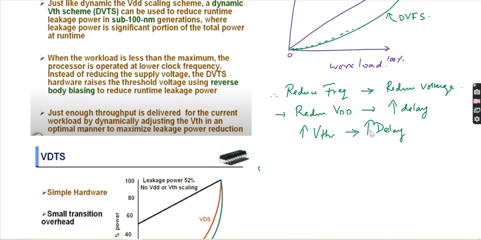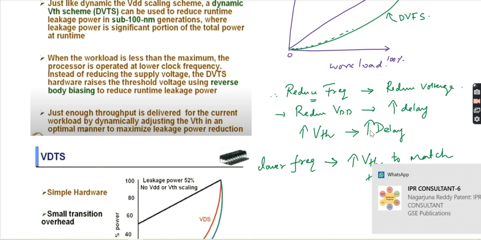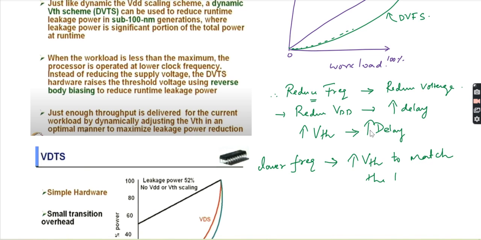So from this I can say, for a lower frequency, the reducing frequency, you need to increase the threshold voltage to match the low frequency.